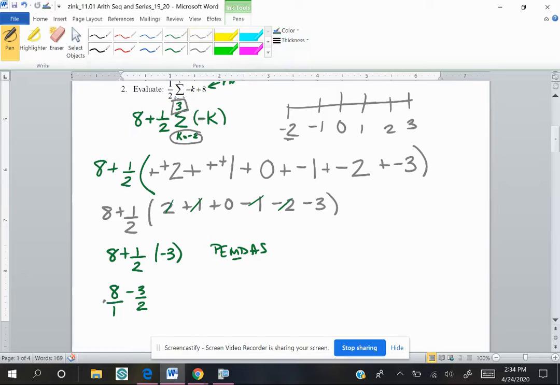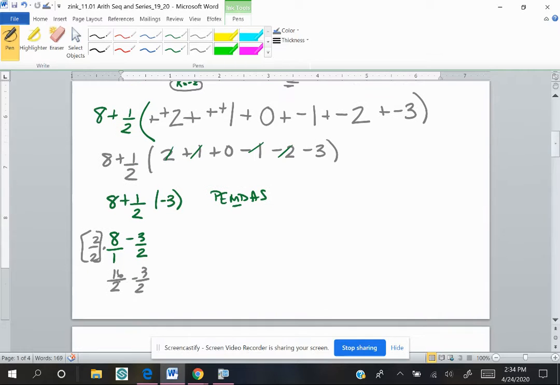My common denominator here is going to be 2, so I multiply the top and the bottom by 2. That would give me 16/2, which is the same as 8, so that's good. And now we have the same denominator, so I just subtract the numerator. 16 minus 3 gives me 13/2. It would be my final answer, or 6.5, since it's a short decimal, would also work.